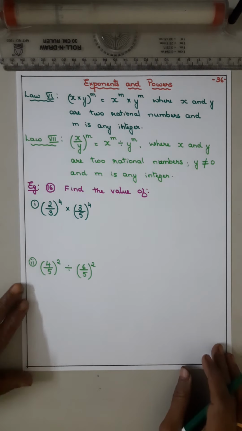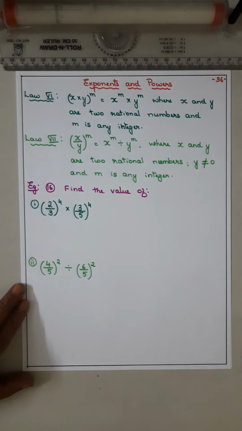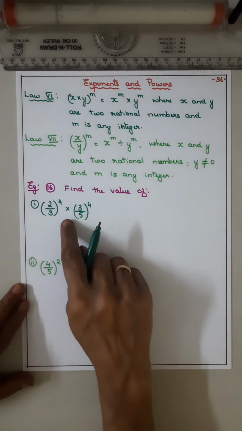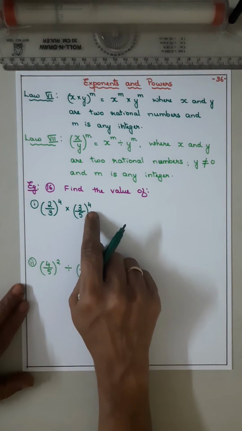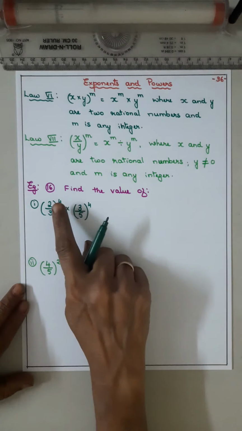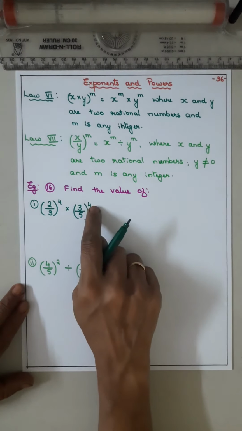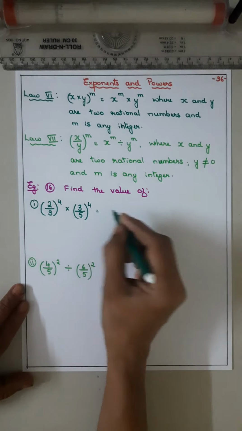Now coming to example 16. Find the value of (2 by 3) the whole raised to 4 into (3 by 5) the whole raised to 4. The bases are different but the powers are the same. So what we have to do?